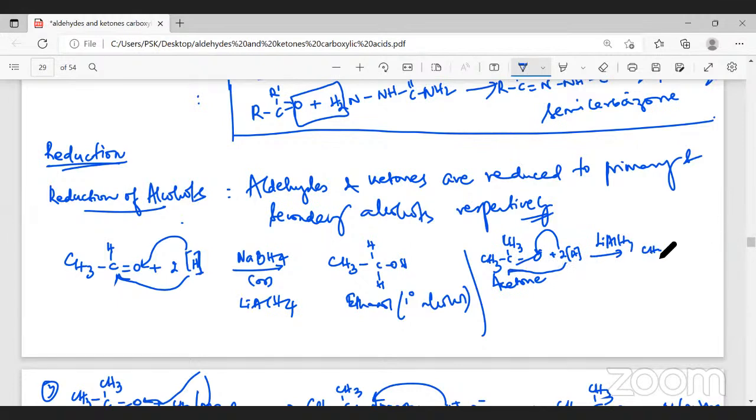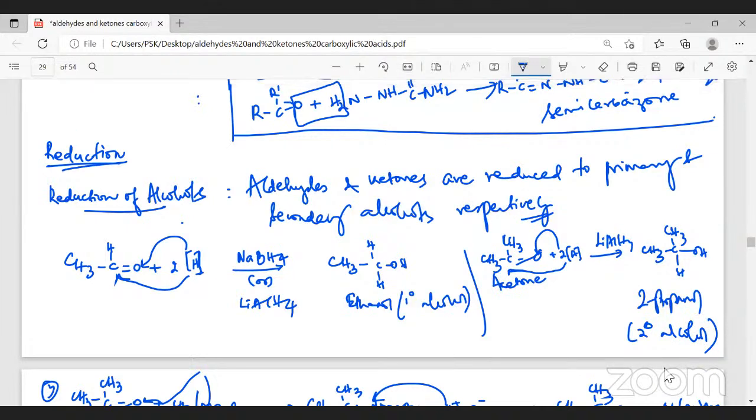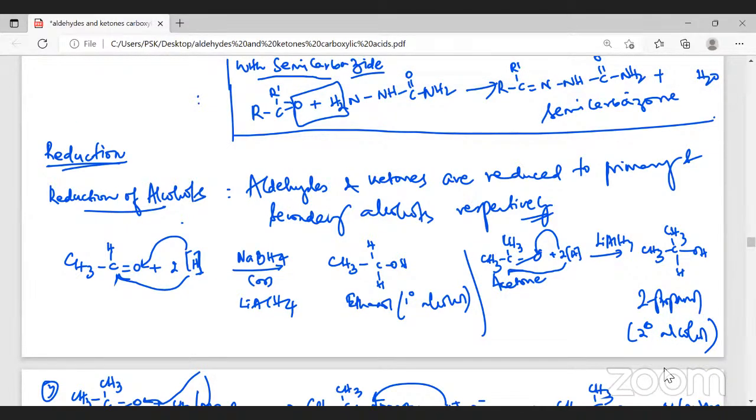So you get CH3, CCH3, here H, and this is OH. This is 2-propanol. This 2-propanol is a secondary alcohol. So aldehydes on reduction give primary alcohol, and ketones on reduction give secondary alcohol.